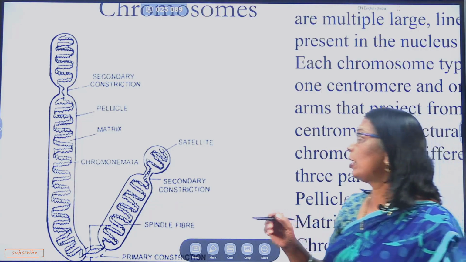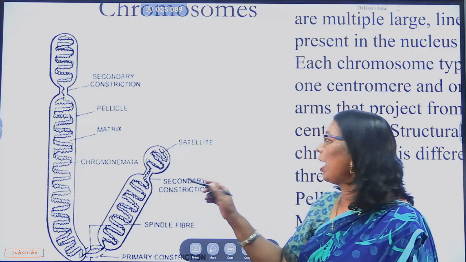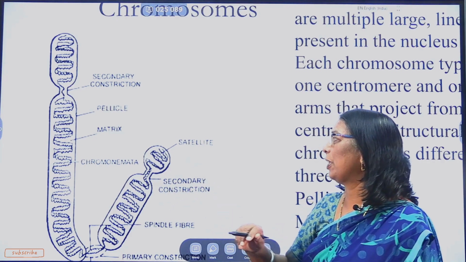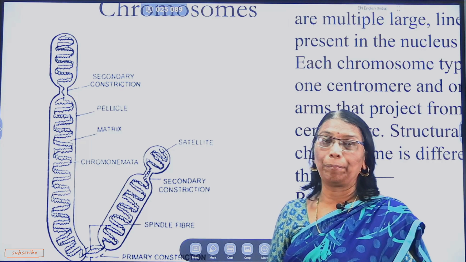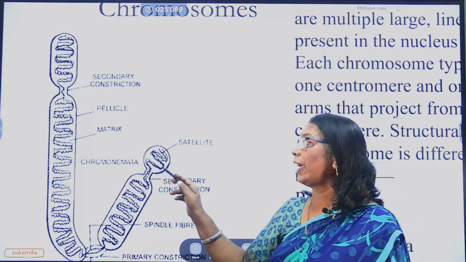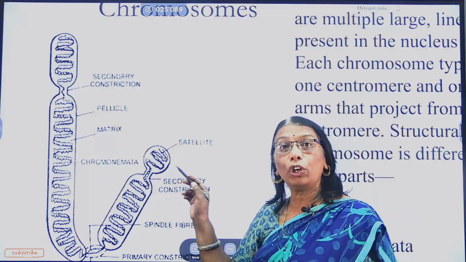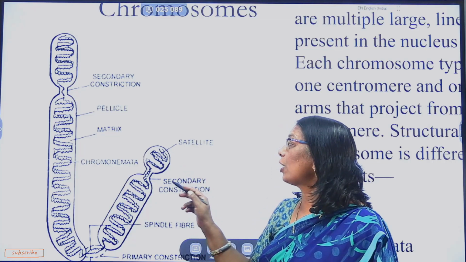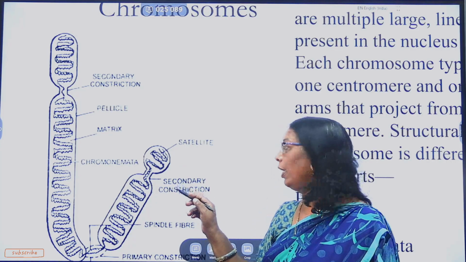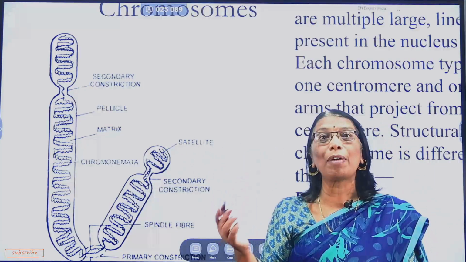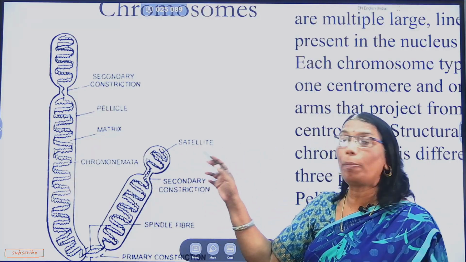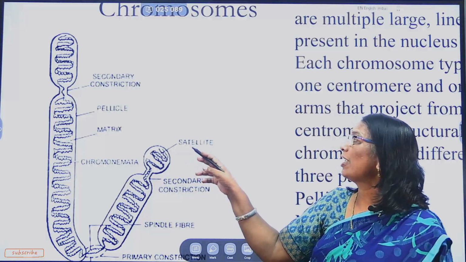When we observe the same chromosome, another constriction is present, and that constriction is termed the secondary constriction. The nucleolus is always associated with that secondary constriction. Towards the end of one arm of a chromosome, we observe a globular structure that is termed the satellite.